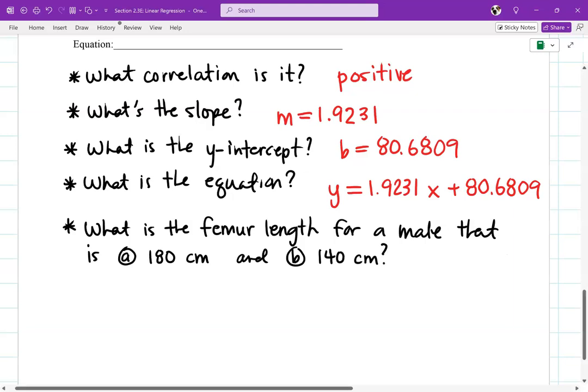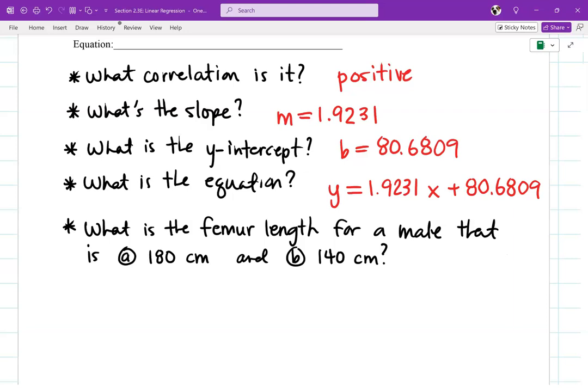Notice those measurements are not on your chart. Look at the chart. The tallest they went is 178.5. The shortest they went was 155. So again, this is why they call it a prediction equation.